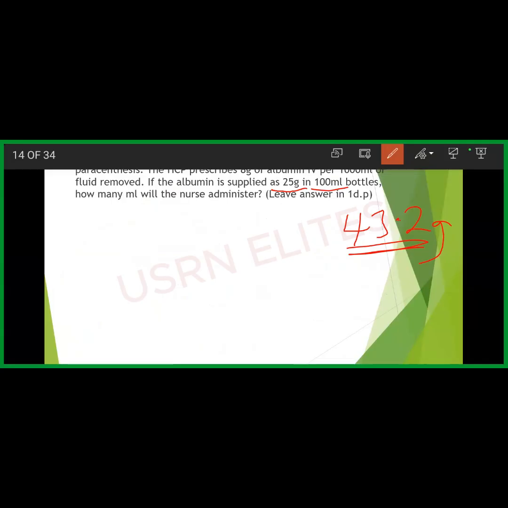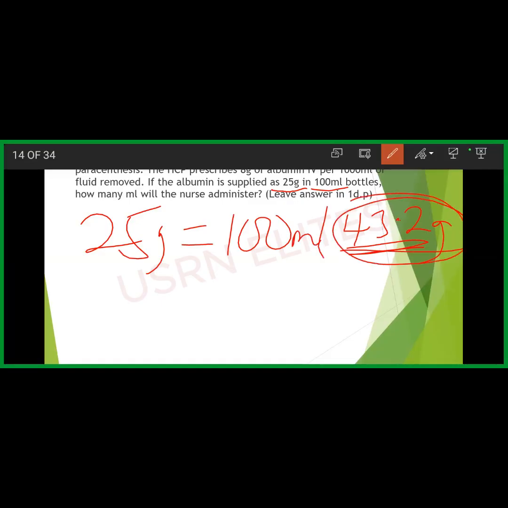So for every 25 grams, it contains 100 mils. This is what we are giving for the whole 5,400 removed. Then 43.2 grams will give us how many mils?